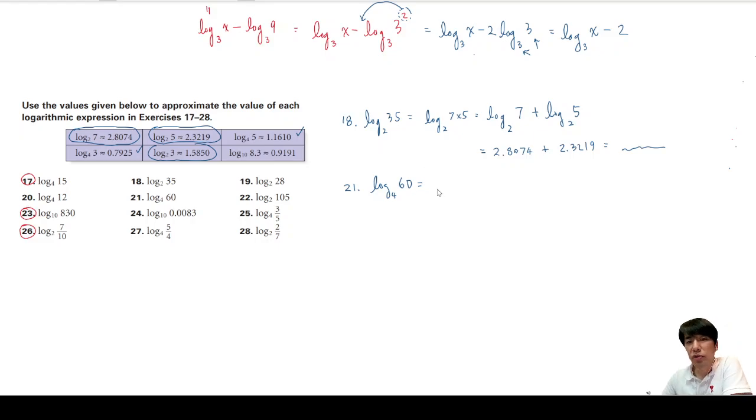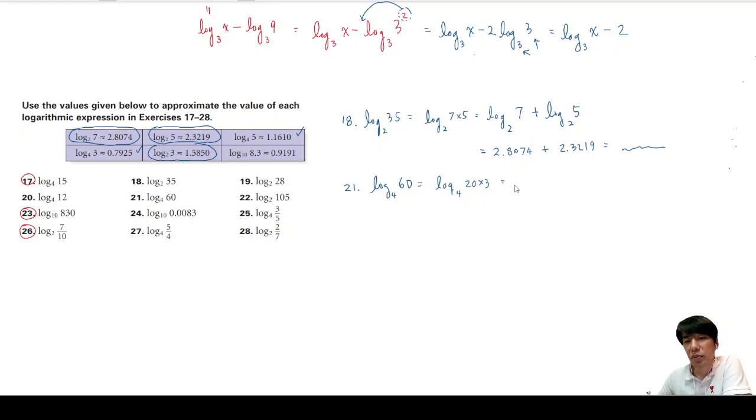I'm going to express this as a product of numbers that are made by 5 and 3. So 60 is like 30 times 2, but we don't have log base 4 of 2 here. So I'm going to express that as 20 times 3. But then 20 can also be written as 4 times 5.